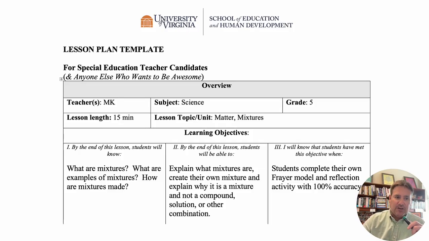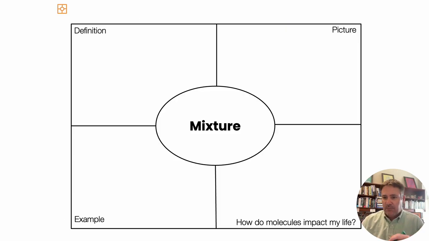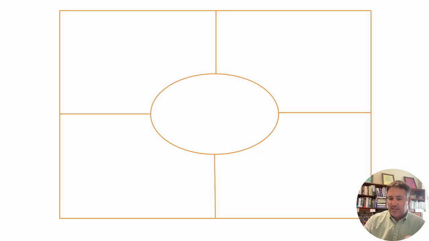Okay, and if you're not familiar with Frayer models, it's sort of a graphic organizer that has students put in the definition in their own words, either find a picture or draw a picture of the term, they give an example, and they can connect it and explain in their own words how it impacts their life.